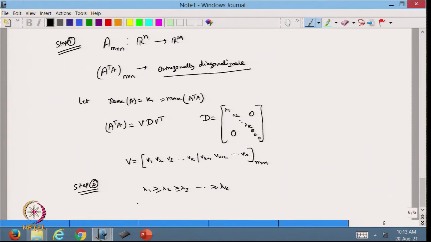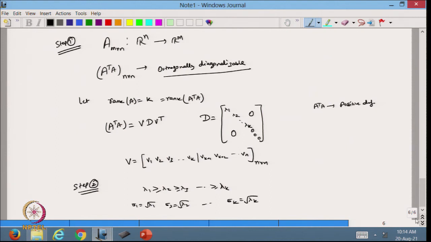Now, I know that A transpose A is positive semi-definite, so I can take its square root. So, I consider sigma 1 as the square root of lambda 1, sigma 2 as the square root of lambda 2, and so on, sigma k as the square root of lambda k.